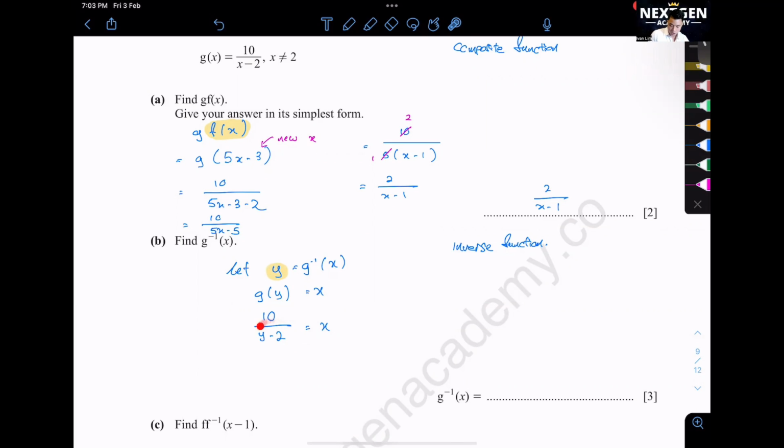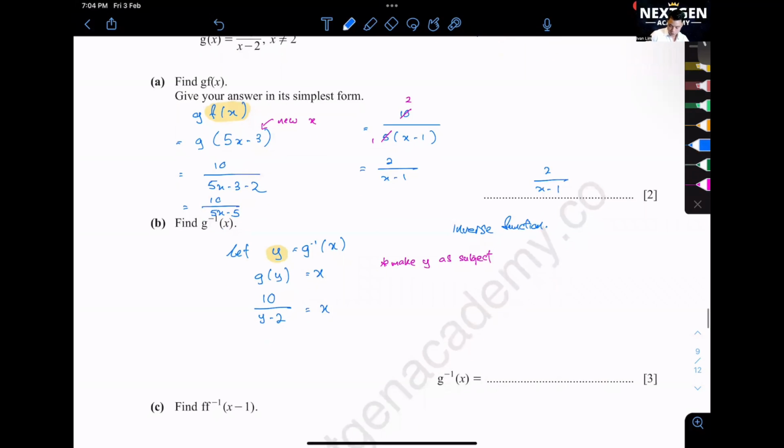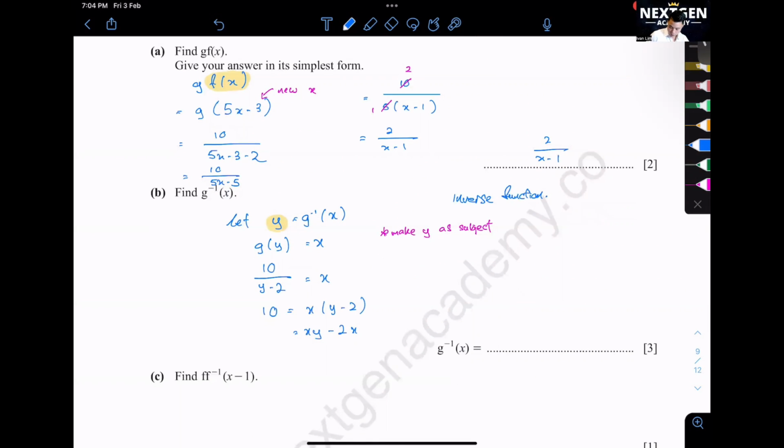So you just need to rearrange this whole formula. My goal is to make y the subject. How do I do this? Multiply first. Open up the bracket. Then I'll get 10 plus 2x equals xy.